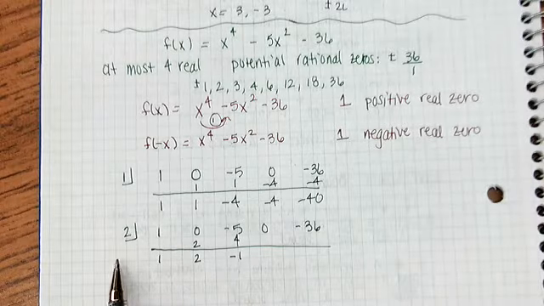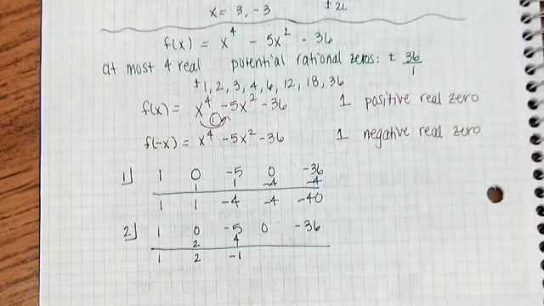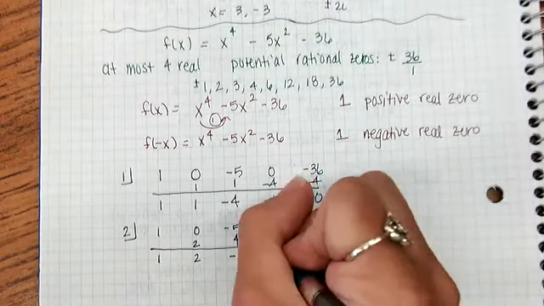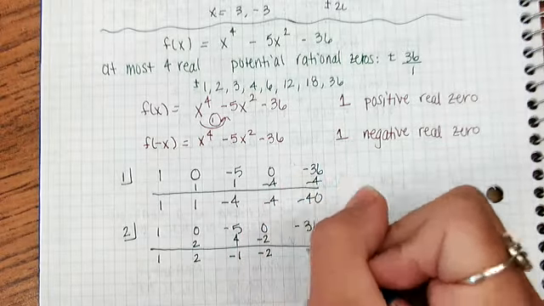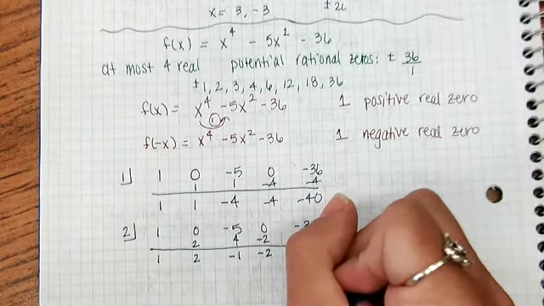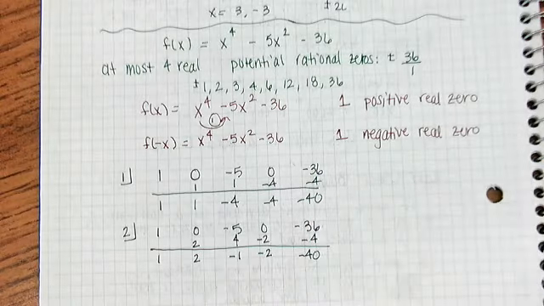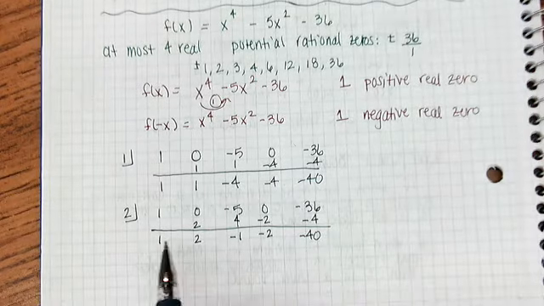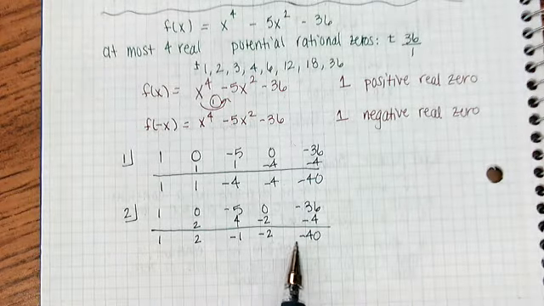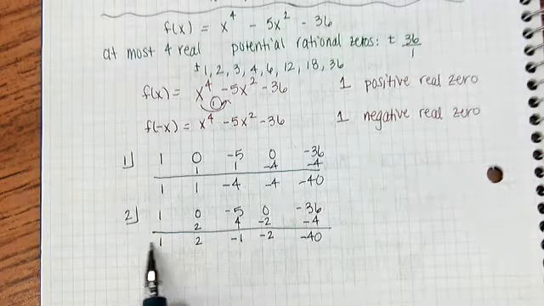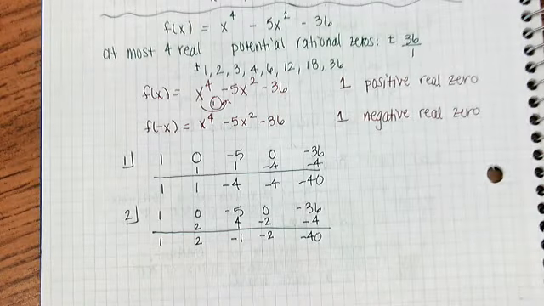My positive real 0 must be greater than 2. I'm going to keep going because it might actually be the 0 itself, which of course it's not. -1, -2, -1, -2, -40. These are not all positive or a combination of positive and 0.